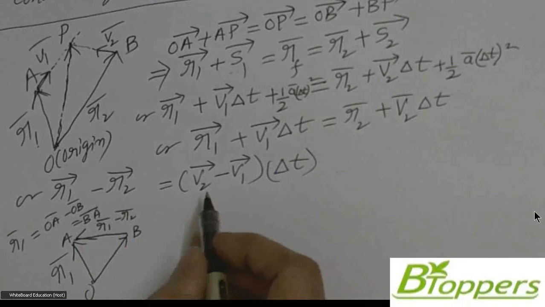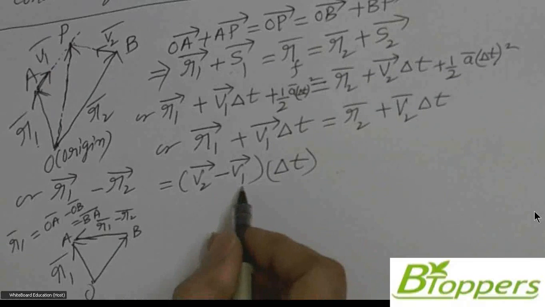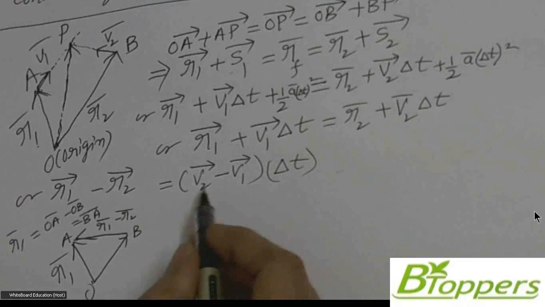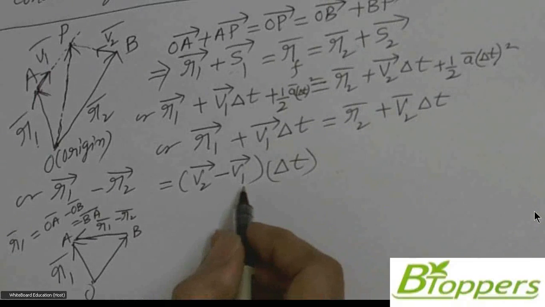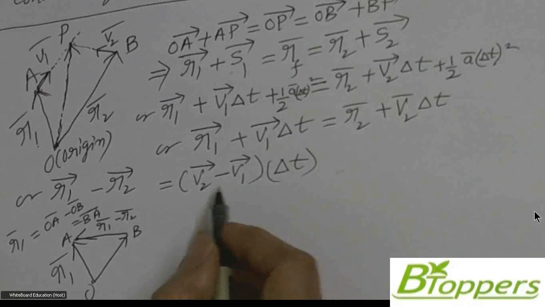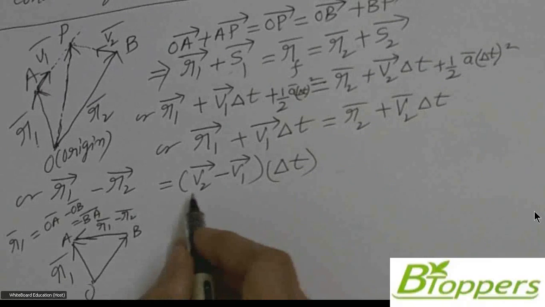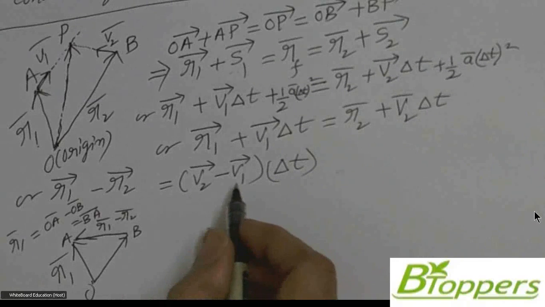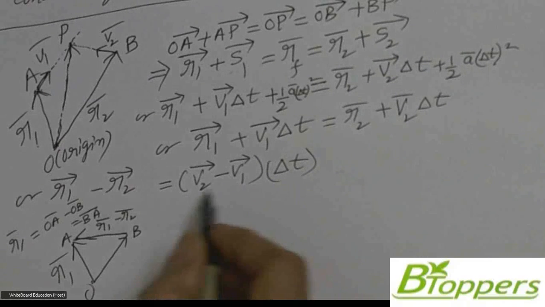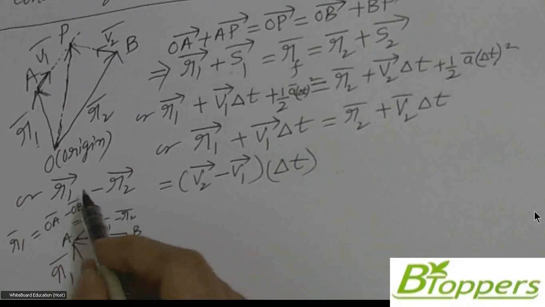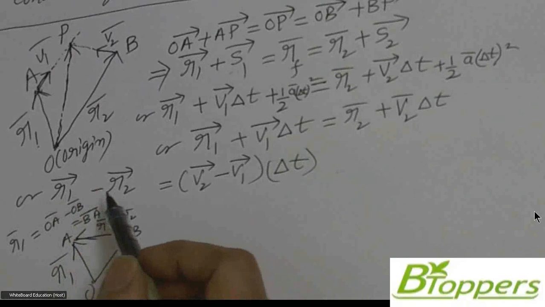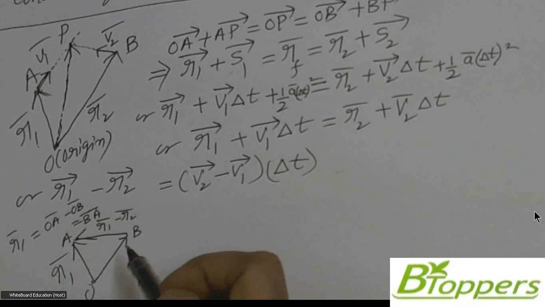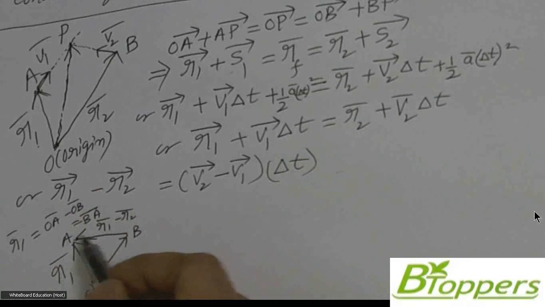Later, in the relative velocity concept, we'll discuss that V2 bar minus V1 bar represents the relative velocity of the second particle with respect to the first particle. So for collision to take place, the direction of V2 bar minus V1 bar should be in the direction of the vector difference R1 bar minus R2 bar. That is from B to A.